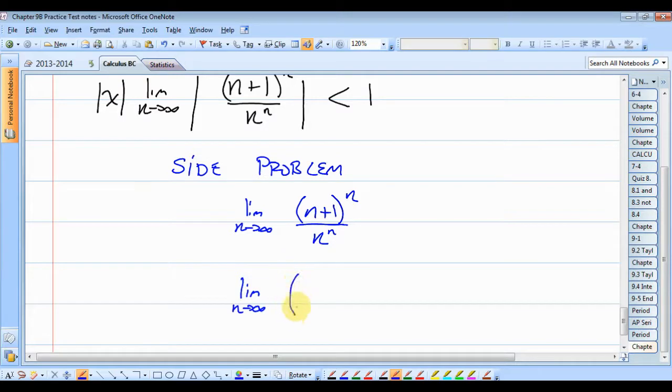Is this equivalent to this? That's equivalent to that, isn't it? And verify for me that that's equivalent to 1 plus 1 over n to the n power.